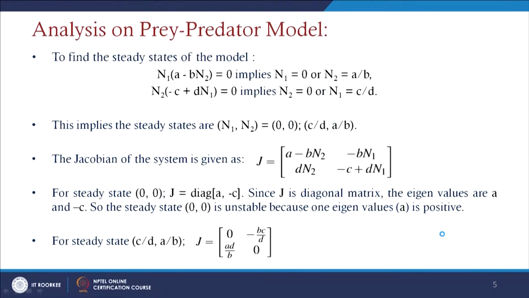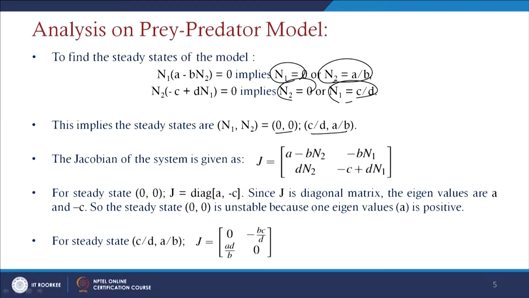To achieve these critical points, we have n1 equals 0 and n2 equals a by b, and n2 equals 0 or n1 equals c by d. So obviously the steady state points are (0, 0) and (c by d, a by b).